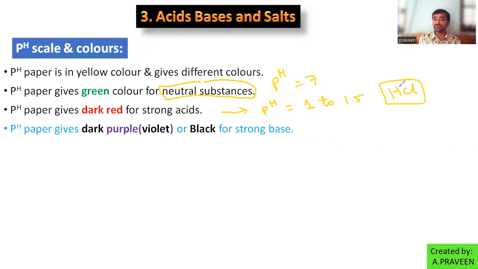Some are confused, is it H2SO4? No, HCl is the strong acid. Then dark purple or dark black color is for the strong base, its pH value is 14, given by NaOH. NaOH gives black or purple color with the yellow pH paper, also called universal indicator.